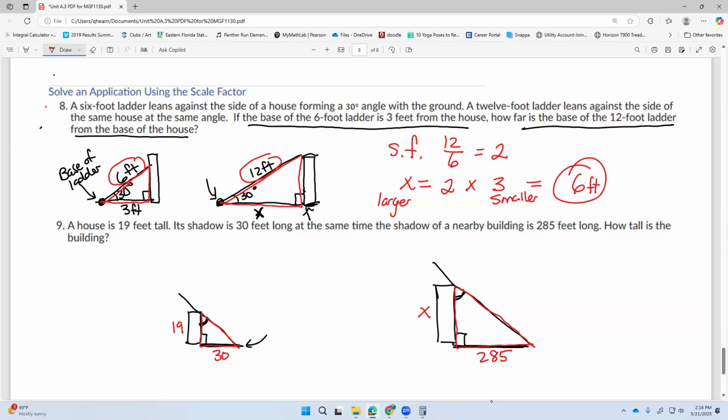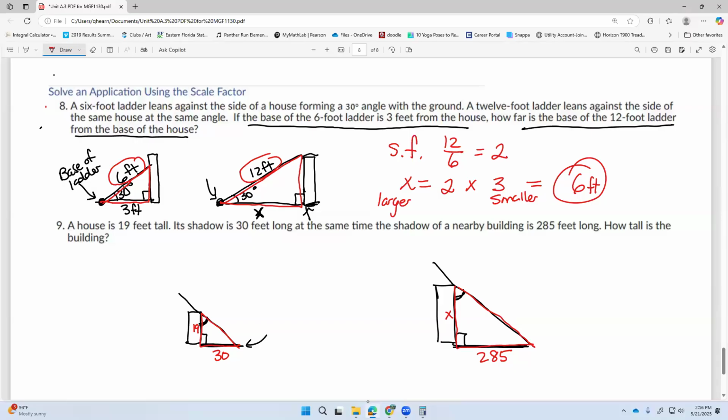So I'm going to mark the height as X. By the way, it doesn't matter if you put the X out here or you put it right next to this side of the triangle. Same thing with the 19. Either way, because the house is going to be the same height on both sides, right?